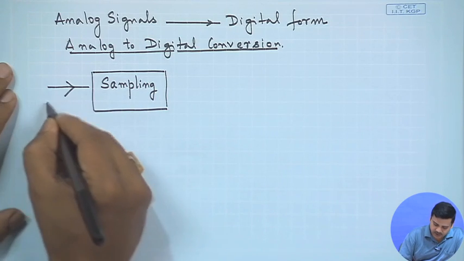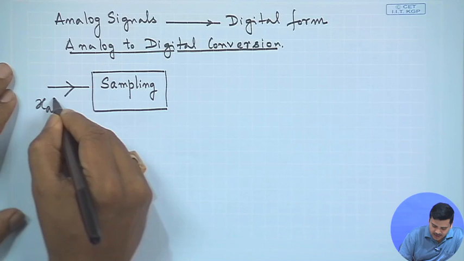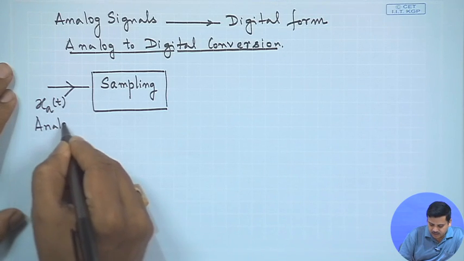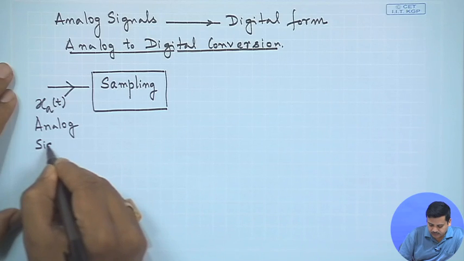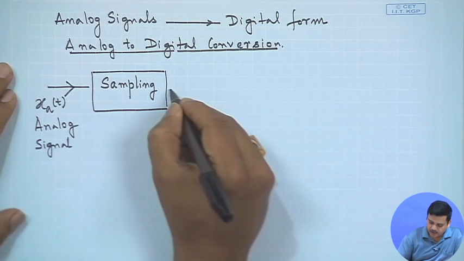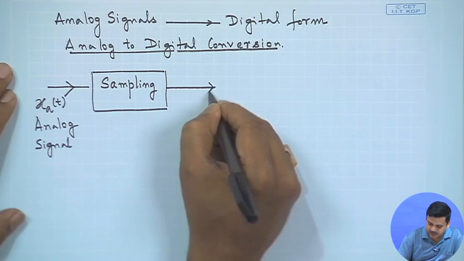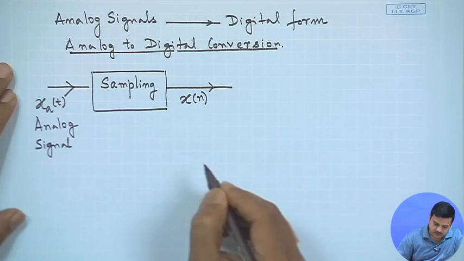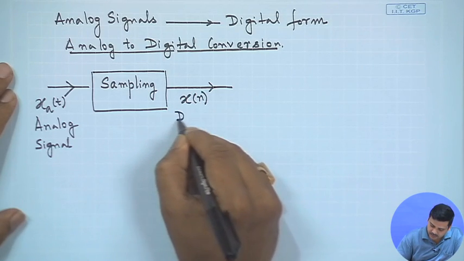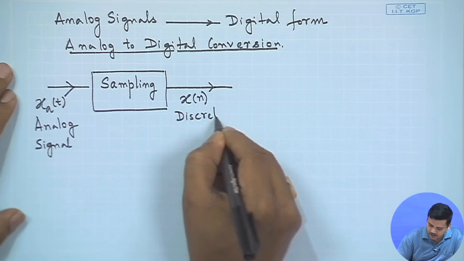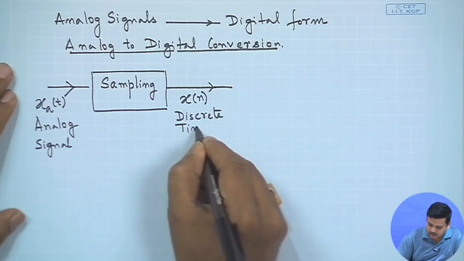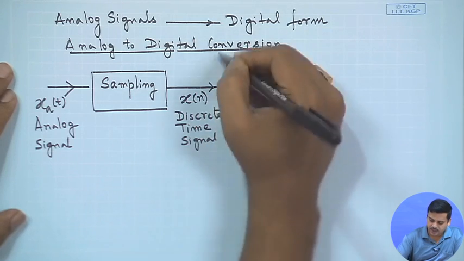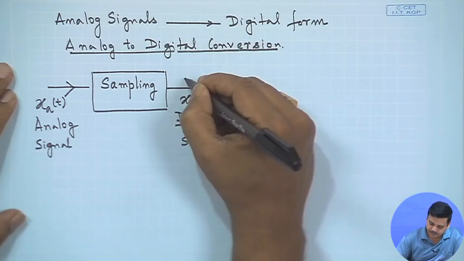and the input signal is x analog of t, which is the analog signal. Then this sampled signal, which we can represent by x of n, is the discrete time signal. This is still continuous in amplitude, but discrete in time.